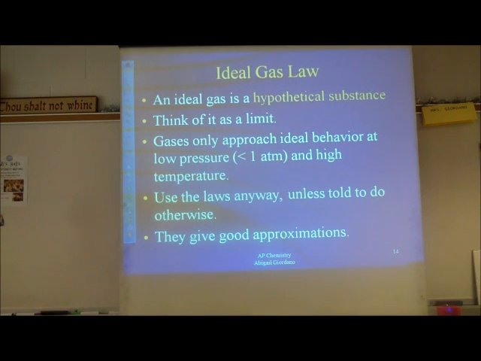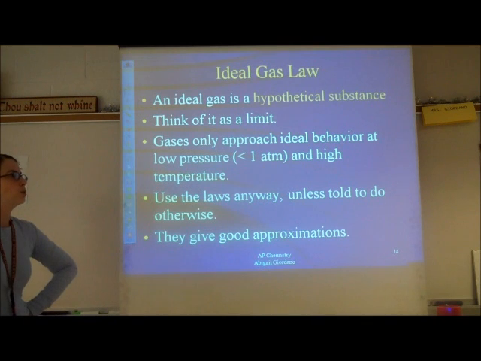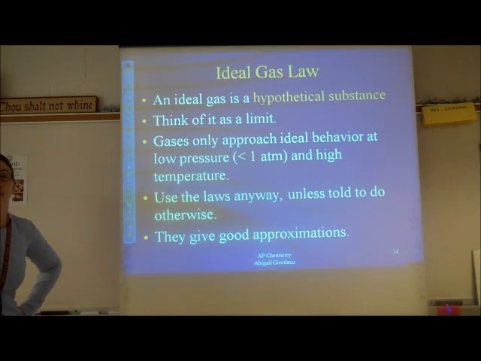Okay, they have abnormalities about them. So why do we use the ideal gas law if real gases don't behave in an ideal way? It's a pretty good approximation. I will show you at the end of this chapter what the ideal gas law would look like if you were going to take real life conditions into account.